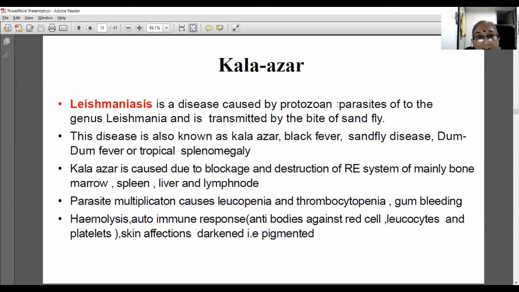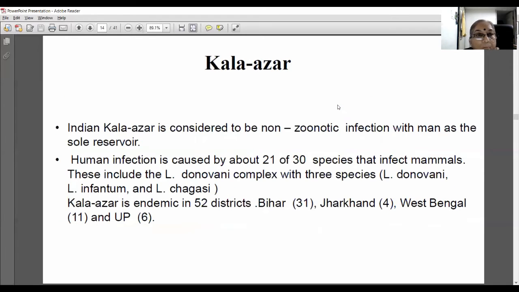The skin affections are dark pigmented. Therefore, the name Kala Azar has been given. Indian Kala Azar is considered to be a non-zoonotic infection with man as the sole reservoir. Human infection is caused by 21 of 30 species that infect mammals.